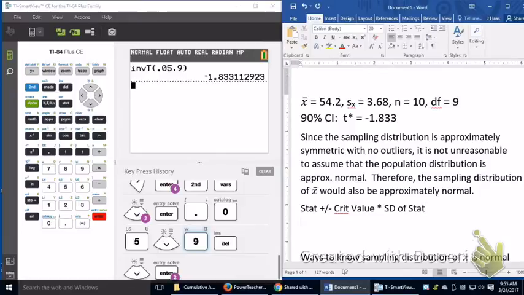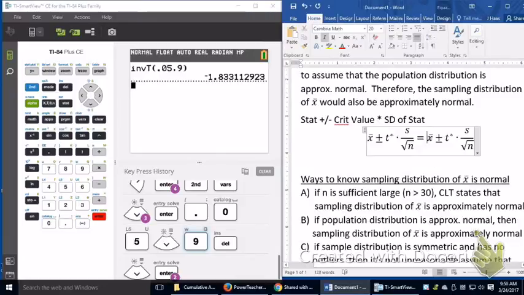In this particular problem, here's the formula I'm going to use: X bar plus or minus my critical value. In this case, it's a t star. It's a t because I had to estimate the sample standard deviation.